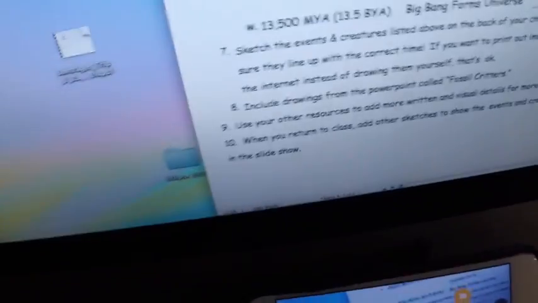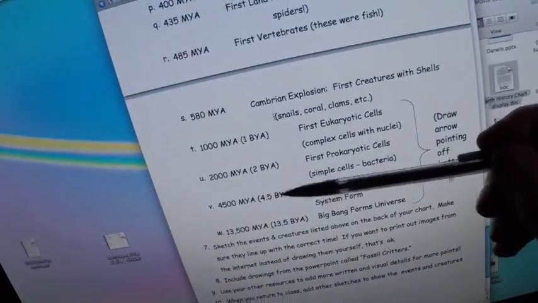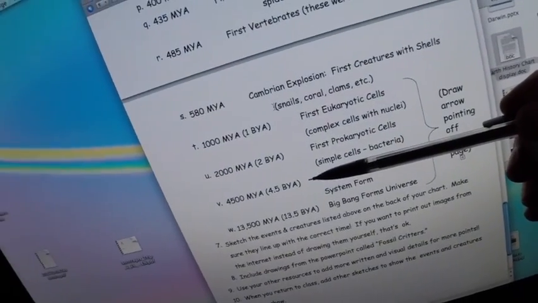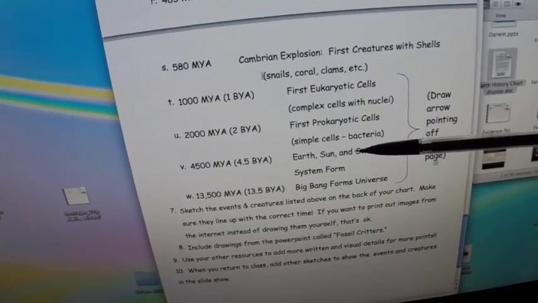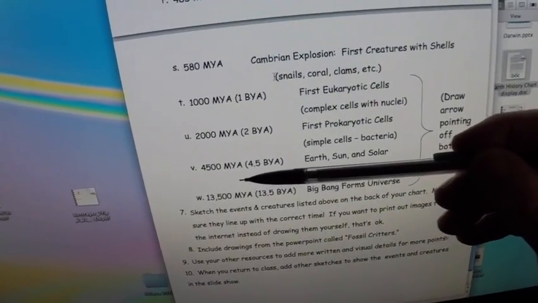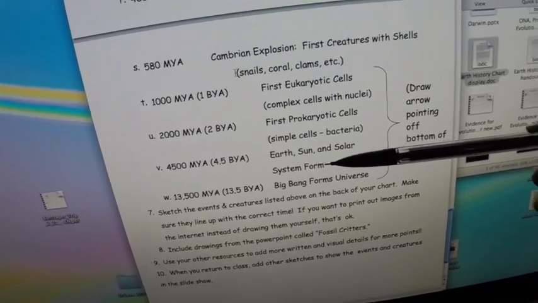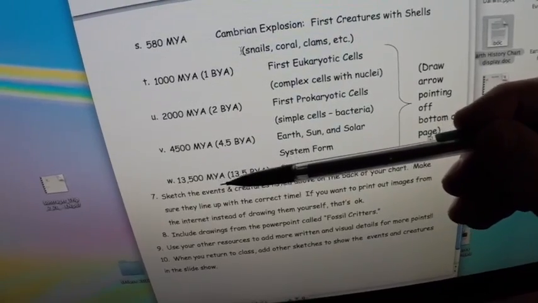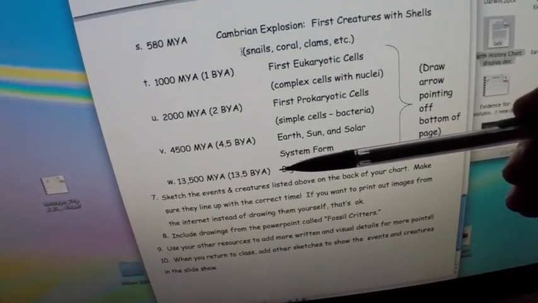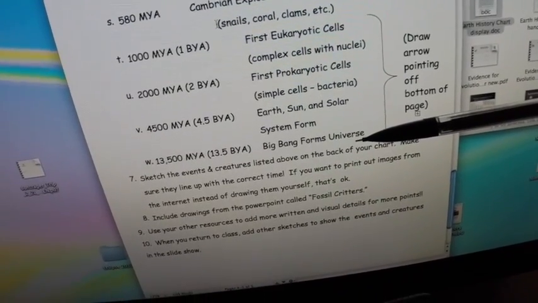I'm going to do the same thing for these last two. 4,500 million years ago, 4.5 billion years ago. See how it says BYA for billion years ago? That's the formation of Earth and the rest of the solar system. And then 13.5 billion, the Big Bang formed the universe.